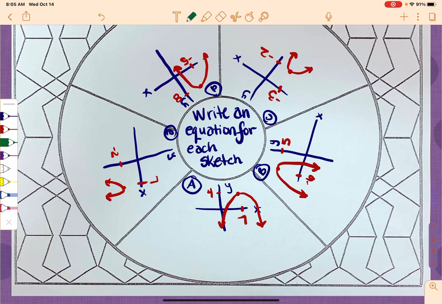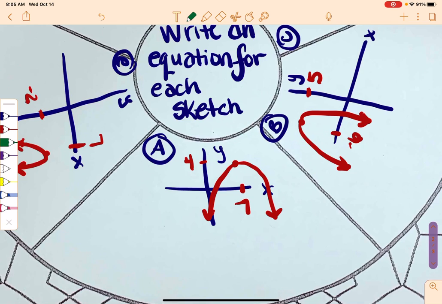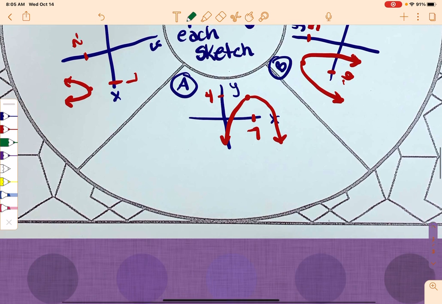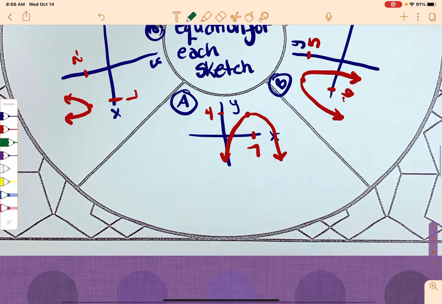So I'm going to go to my first one again. These are write an equation for each sketch. So the directions are the same for all of them. Okay, so I'm going to do y equals like I did the last time. But remember, we could make it f of x if we wanted. So let's start with the shift on the y-axis because that one gets to get written the way it is.